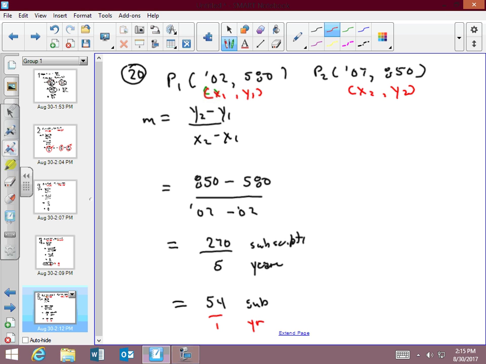So now, it says, what is the meaning of the slope? So there's 54 subscriptions per year. Okay. The average increase in subscriptions per year has been 54,000 subscriptions. Right? Now, it might have been more or less in years, but on average, it's going up 54,000.